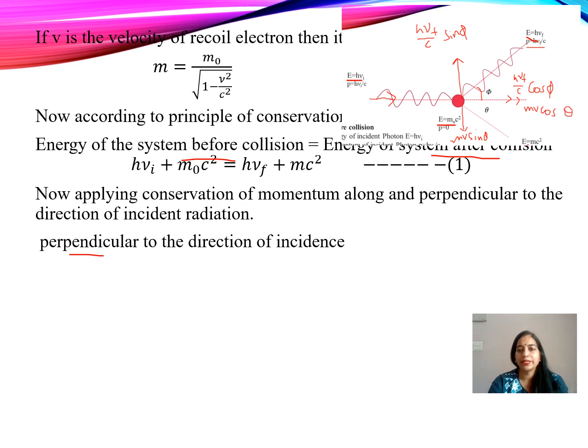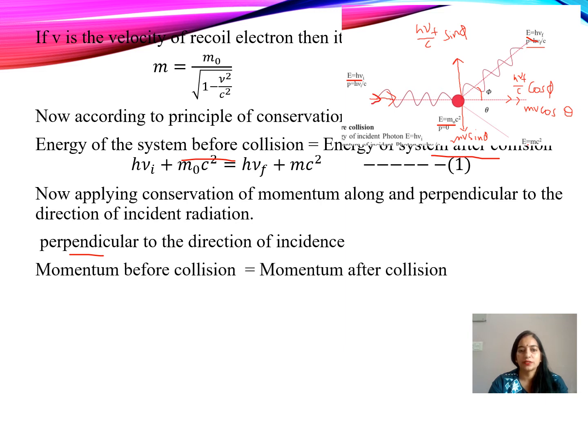In the perpendicular direction, the incident photon has no momentum because the momentum is along the incident direction. So before collision, the momentum of the photon is zero, and because the electron is at rest, the momentum of the electron is also zero. And in the perpendicular direction, these two momentums are in opposite directions.